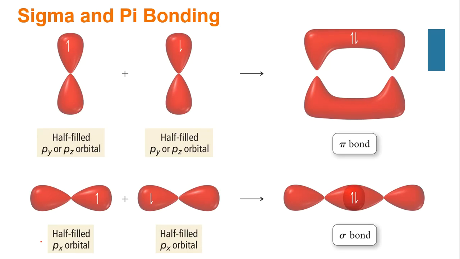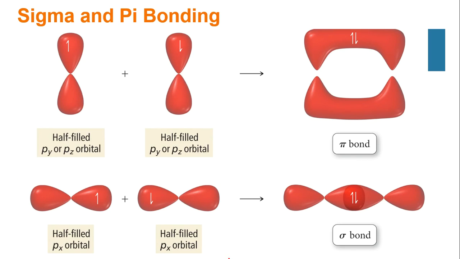So here's just another look, a much prettier look, at what a pi bond looks like versus a sigma bond. This top bond here is a pi bond. Right here we've got side-by-side overlap. Parallel unhybridized p's, they reach over, they make a pi bond here.